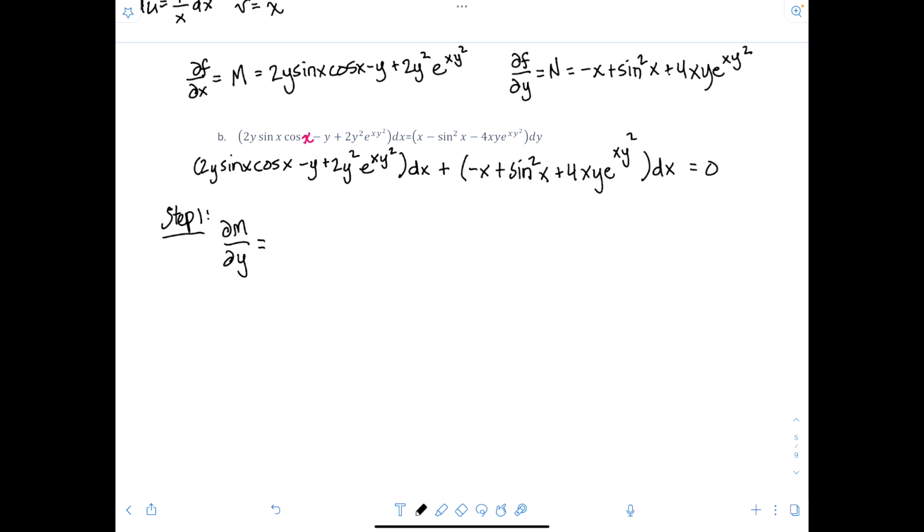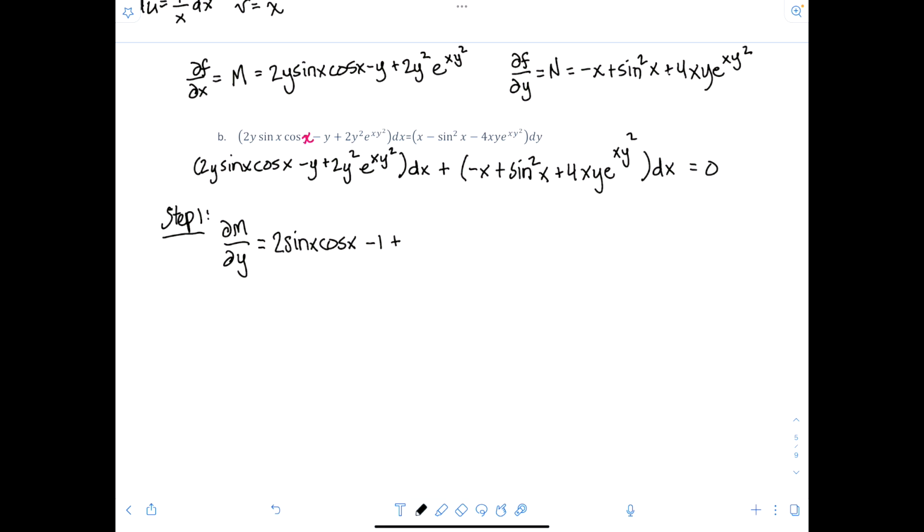So, treating the x's as constant for m, I'm going to get what? Beautiful. 2 times sine at x times cosine at x, and then minus 1 and plus, what do we have to do here? Awesome.